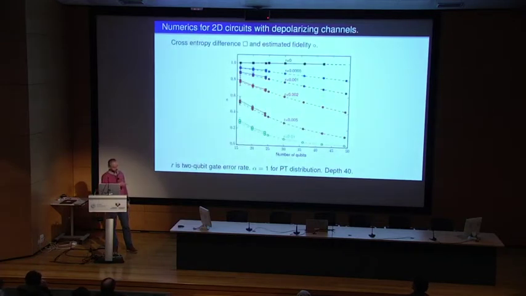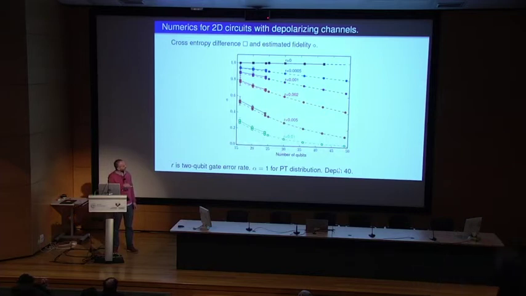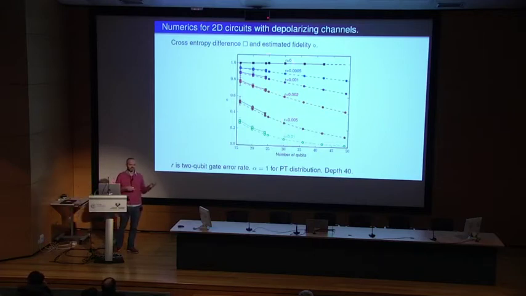Here is a plot where we saw how this works. So this axis is the number of qubits. And actually, we're doing circuits of depth 40. And the different colors correspond to different error rates for the 2-qubit gates. In this case, we're using control-Zs with superconducting qubits. The dots, different colors, different error rates. The dots are just an estimate of fidelity.